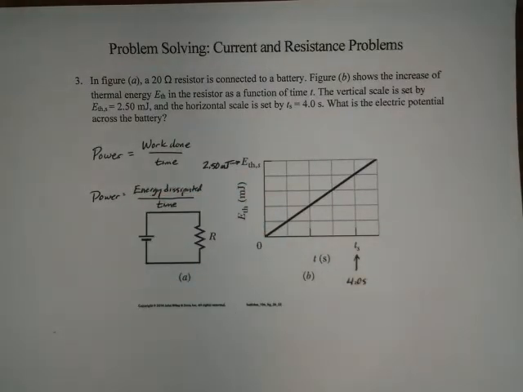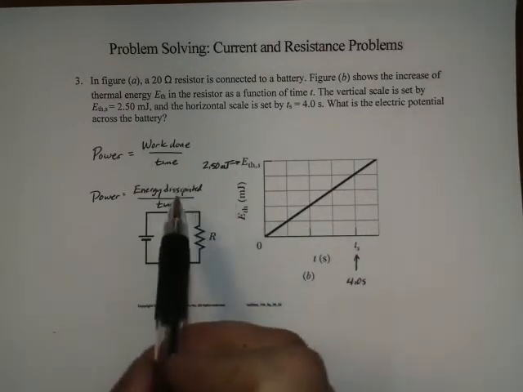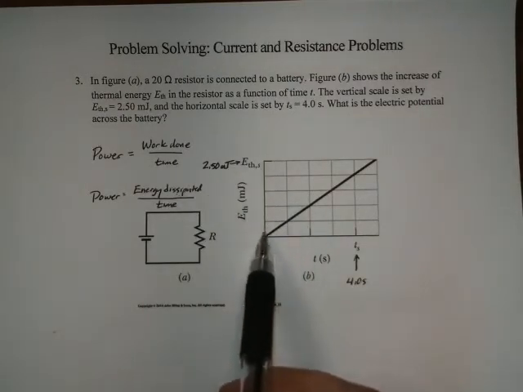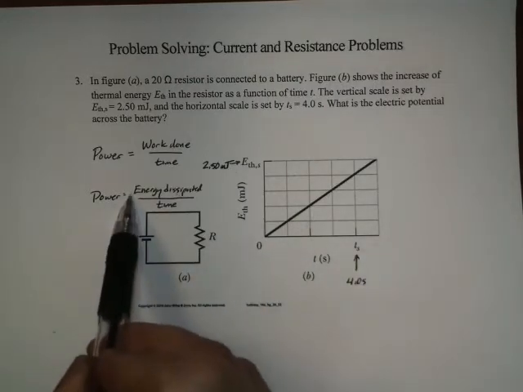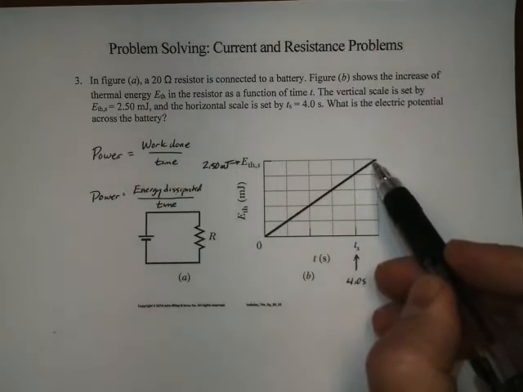And that second one is probably more useful here. The resistor is converting electrical energy into thermal energy. So that energy is being dissipated or transformed by that resistor. And we know how much energy and how much time from the graph. Namely, power is going to be the slope of our graph right here.